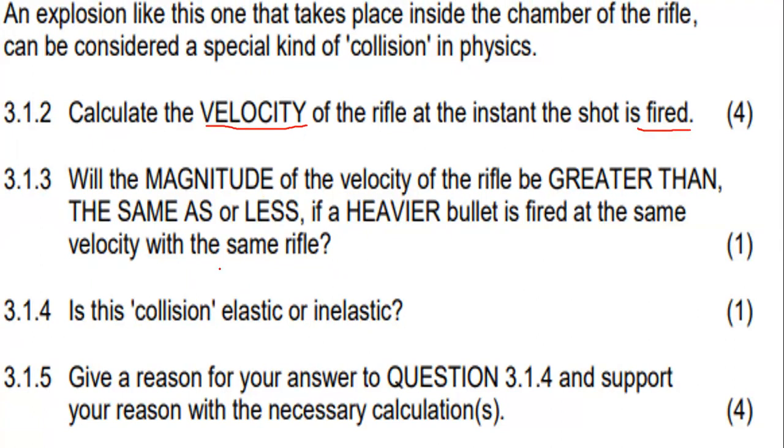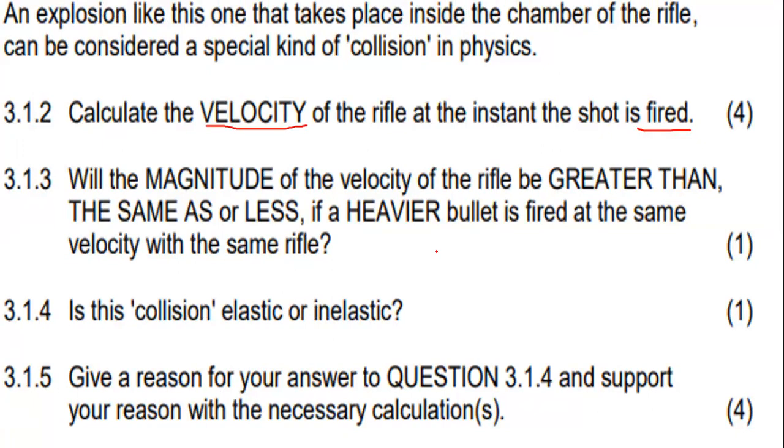Now, they are asking us, will the magnitude of the velocity of the rifle be greater than, the same as, or less if a heavier bullet is fired at the same velocity with the same rifle? Now, obviously, everything is kept the same, but the bullet is heavier.